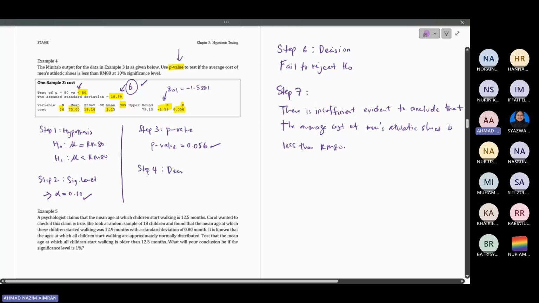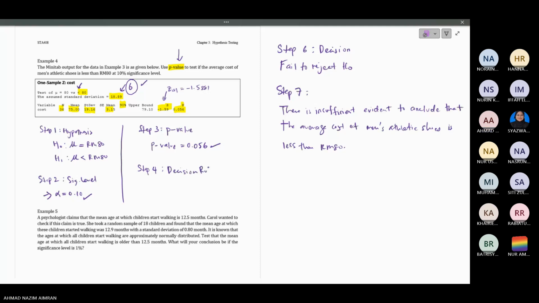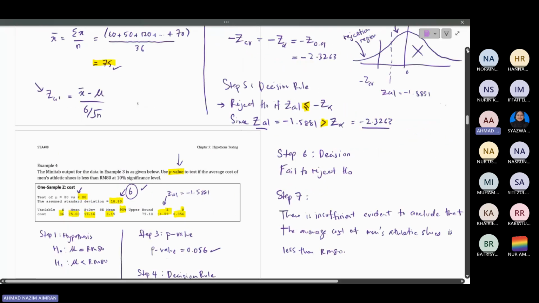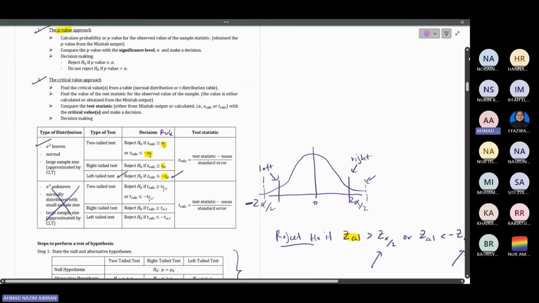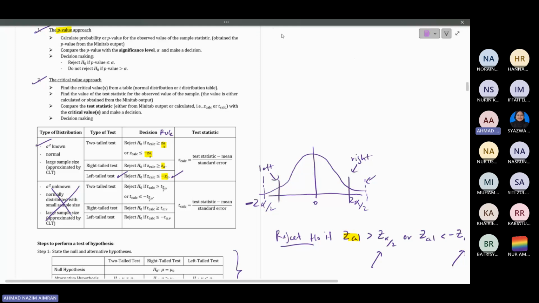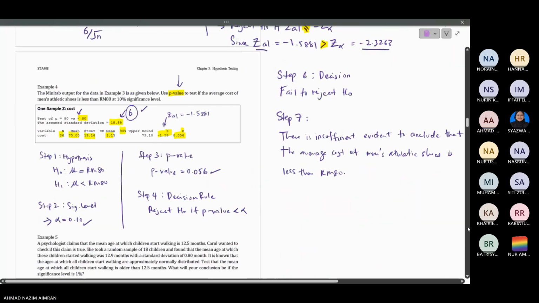And that is why for step 4, the decision rule: reject H null if p-value less than or equal to alpha. Less than or equal to alpha.